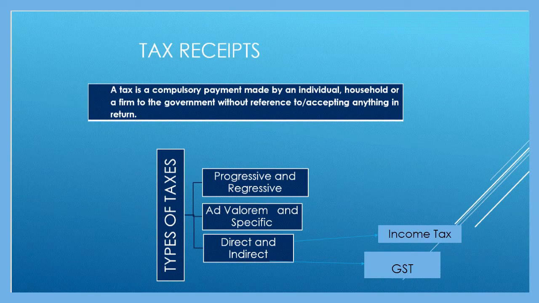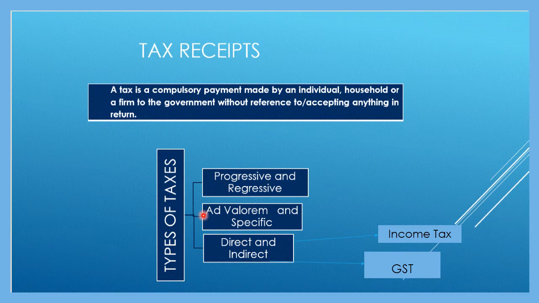Tax receipts. What is a tax? A tax is a compulsory payment made by an individual or a firm to the government without reference to accepting anything in return. The types of taxes. Taxes could be referred to as being progressive and regressive.